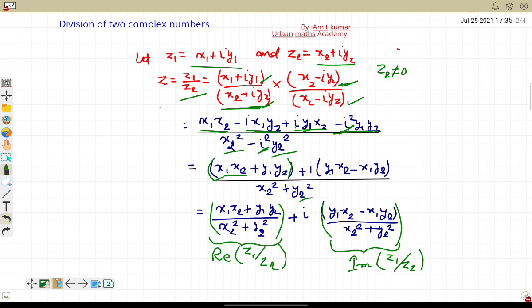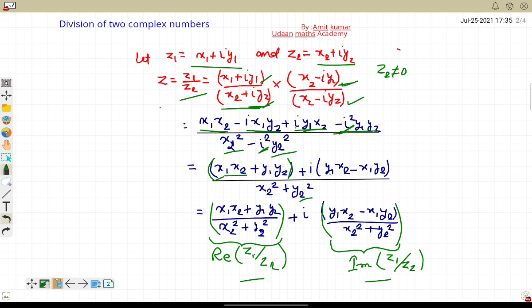So in this way we can multiply two complex numbers and we can divide two complex numbers. In case of division, we need to rationalize the given complex number z1 upon z2, and after rationalization the iota term will vanish from the denominator and we get some resultant value in the form of x plus iota y. So this is the real part, and this one is the imaginary part.